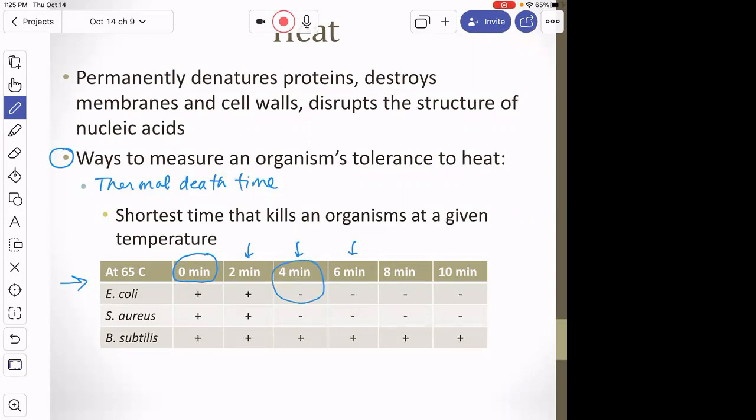Now, you could do the experiment again and test 2 minutes and 10 seconds, and 2 minutes and 20 seconds. We could refine that further, but for our purposes, it's dead at 4 minutes. Staph aureus would be the same thing, the shortest time that kills there, so 4 minutes.